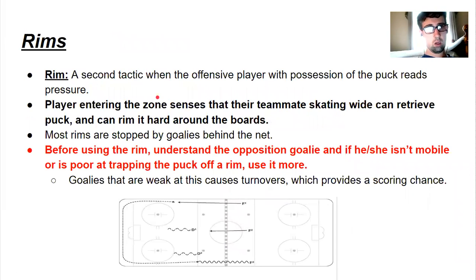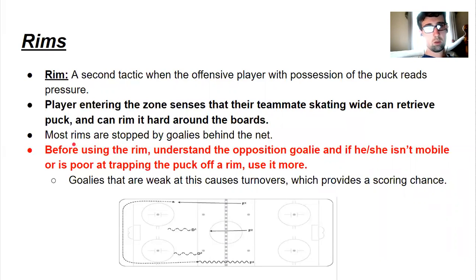Rims. And no, not your car rims. A second tactic when the offensive player with possession of the puck reads pressure. The player entering the zone senses that their teammate skating wide can retrieve the puck and can rim it hard around the boards.